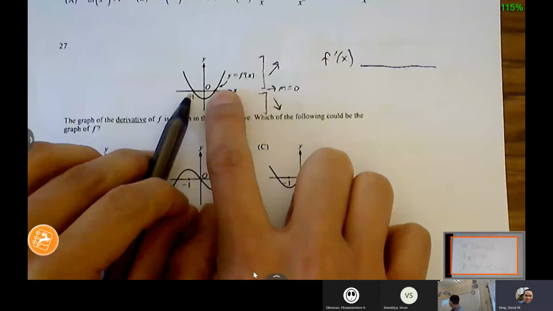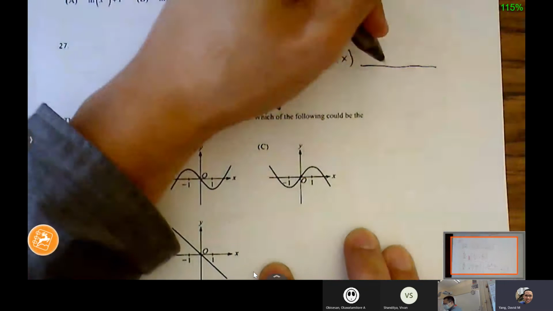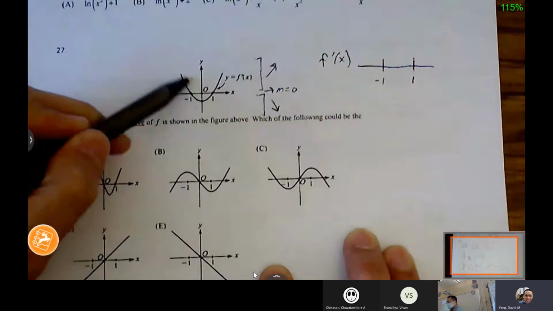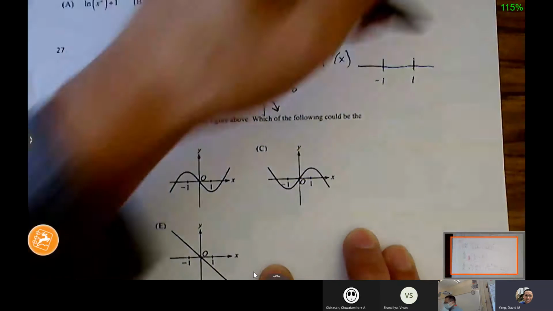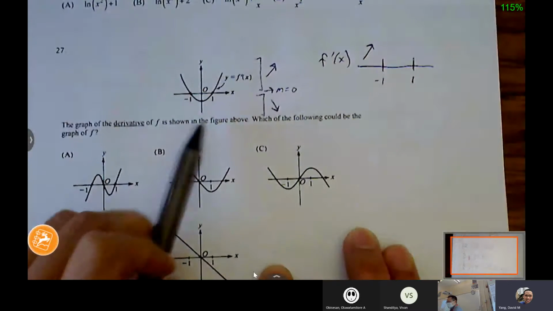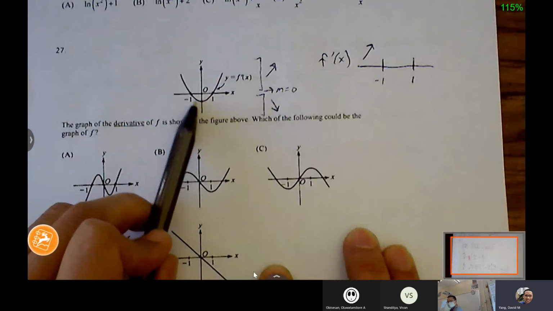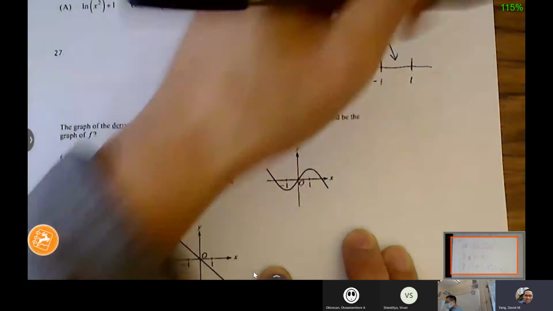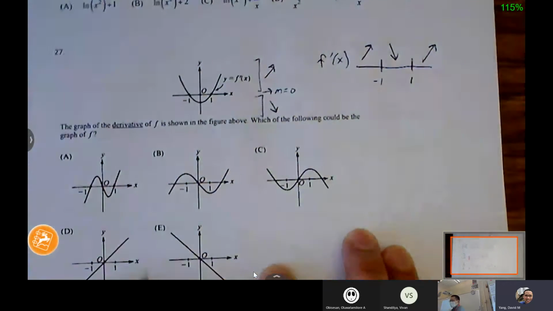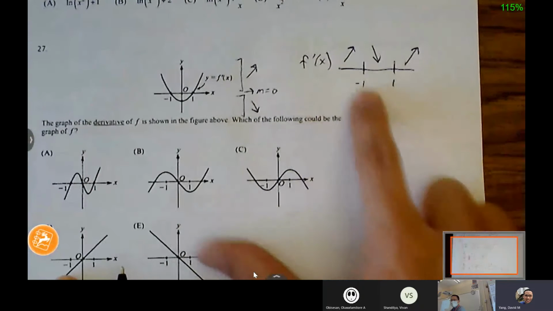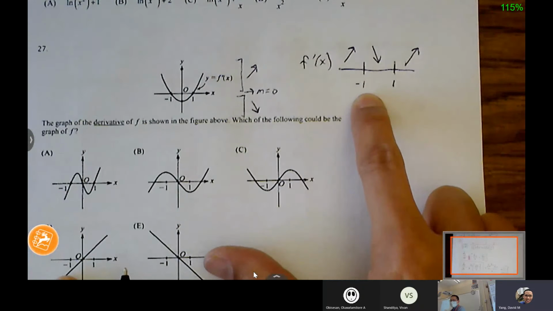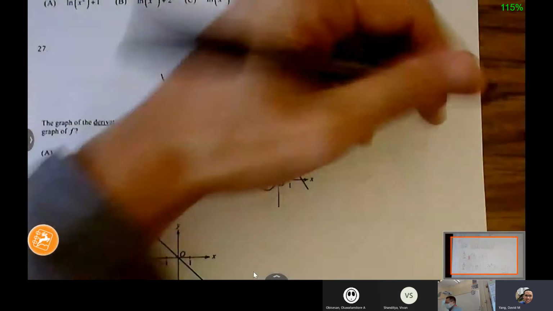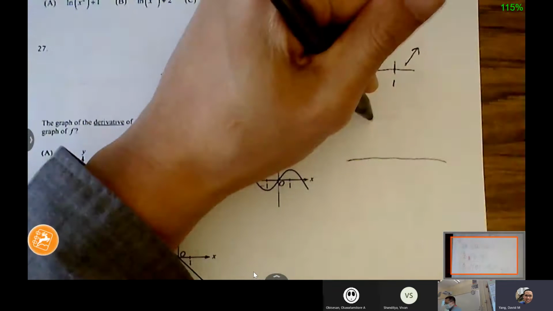So we know that the critical points are at -1 and 1. Above translates to positive slope. Below translates to negative slope. Above, positive slope. So we want the graph to rise to a relative max at -1, fall to a relative min at 1, and rise again. So maybe a graph that looks something like this.